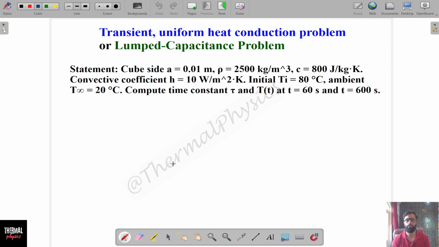After some time it will reach 70 degrees Celsius, and the lumped system model says that at that time each and every point of the body will be at 70 degrees Celsius. So temperature is varying with time, but it is not varying from point to point, which in other words means the temperature stays uniform. It is a uniform temperature variation with time. It is such kind of problem.